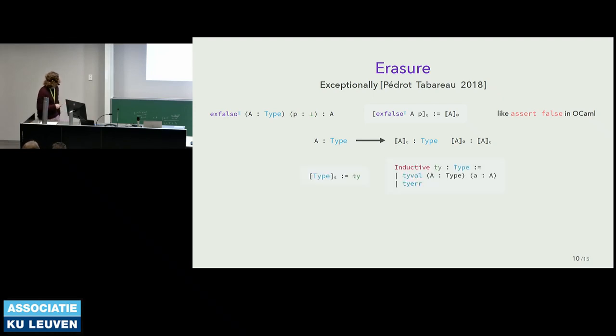And then the universe needs to be itself a pointed type, so it contains pointed types, which is encoded this way. And then you have several projections. So EL gives you the carrier, in which case, for the error, we just return whatever. And the error gives you the point. And then this is how you define the translation for types. It's just EL of the translation. And the error is propagated this way.